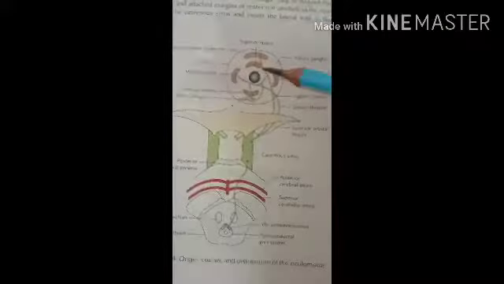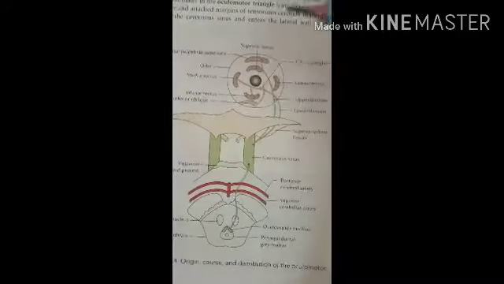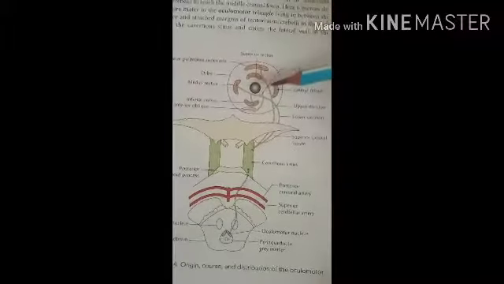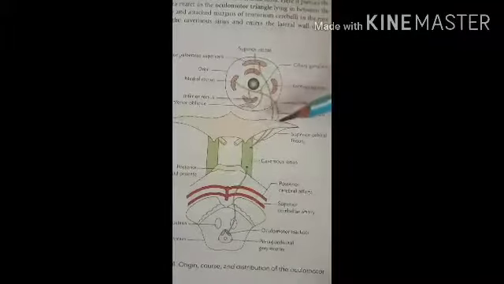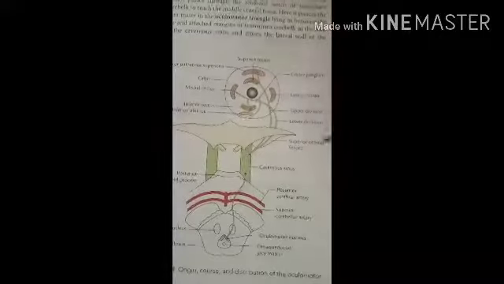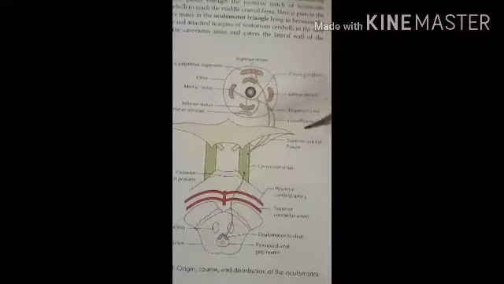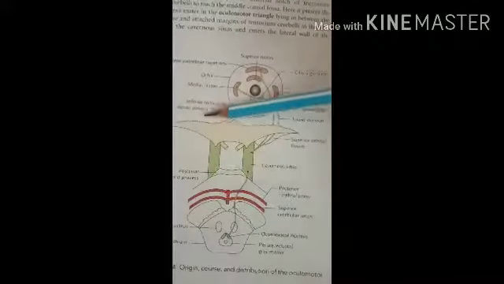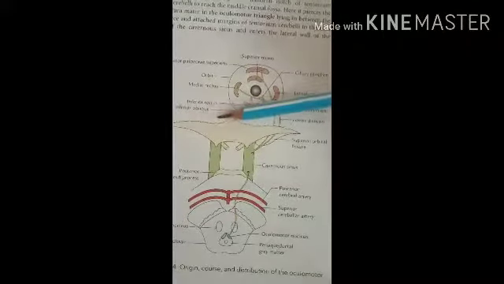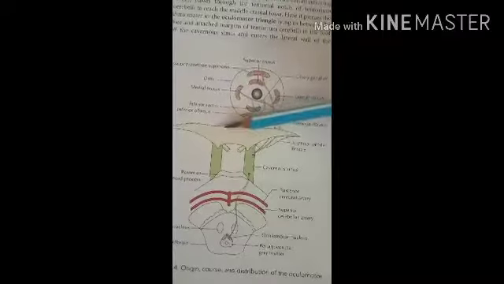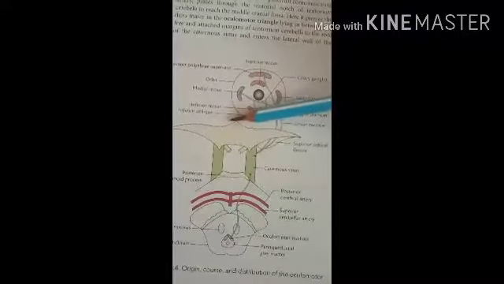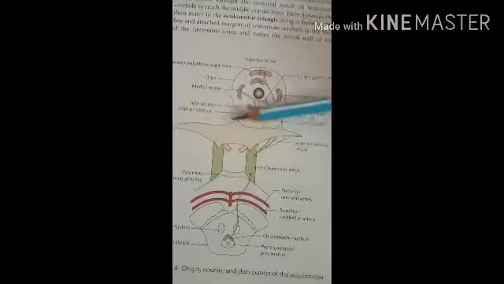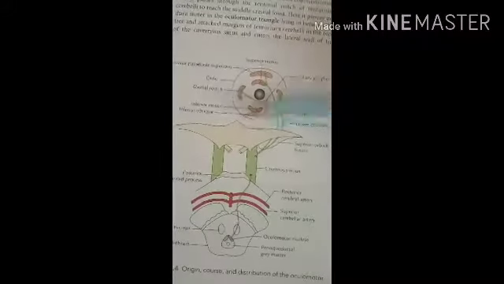So except the 2 muscles, the lateral rectus muscle and the superior oblique muscle, all the extraocular muscles of the eyeball are supplied by the oculomotor nerve. Then the nerve to the inferior oblique gives a motor root, that is the parasympathetic root, to the ciliary ganglion, which is located in the posterior part of the orbit.